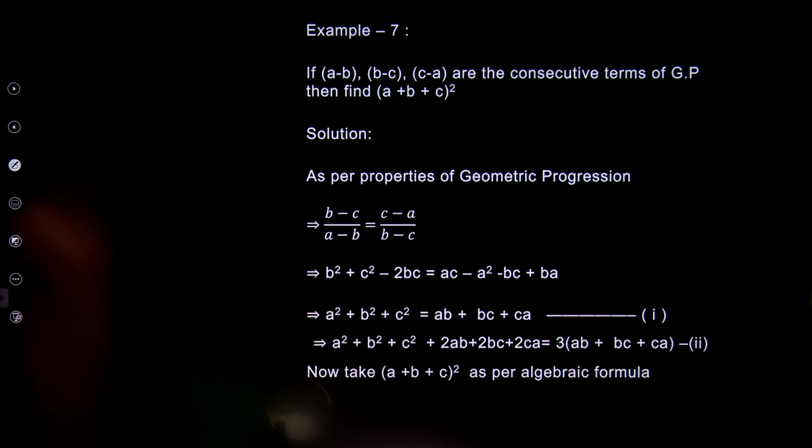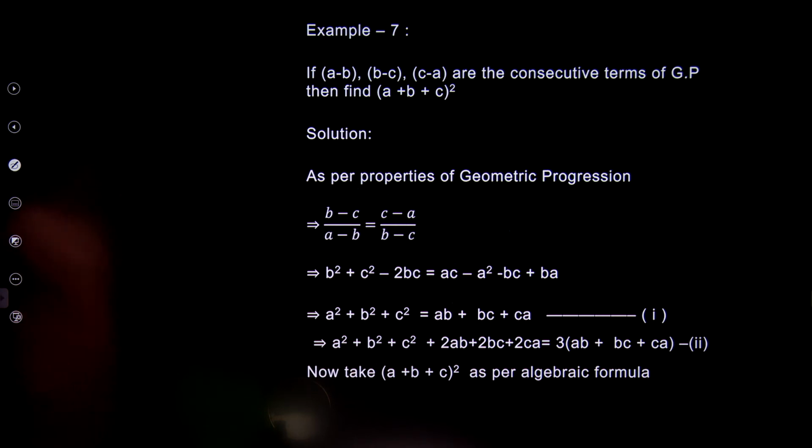If A, B, C are consecutive terms T1, T2, T3, the formula is T2 by T1 equals T3 by T2 equals T4 by T3. In the same way, A minus B, B minus C, C minus A are the consecutive terms of a GP, so it can be written as B minus C by A minus B equals C minus A by B minus C. After solving the equation, we will get a square plus b square plus c square equals ab plus bc plus ca.